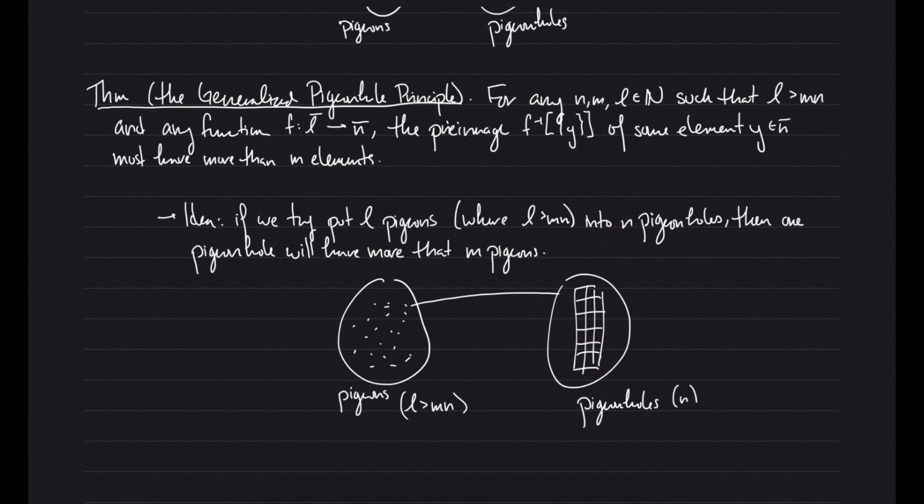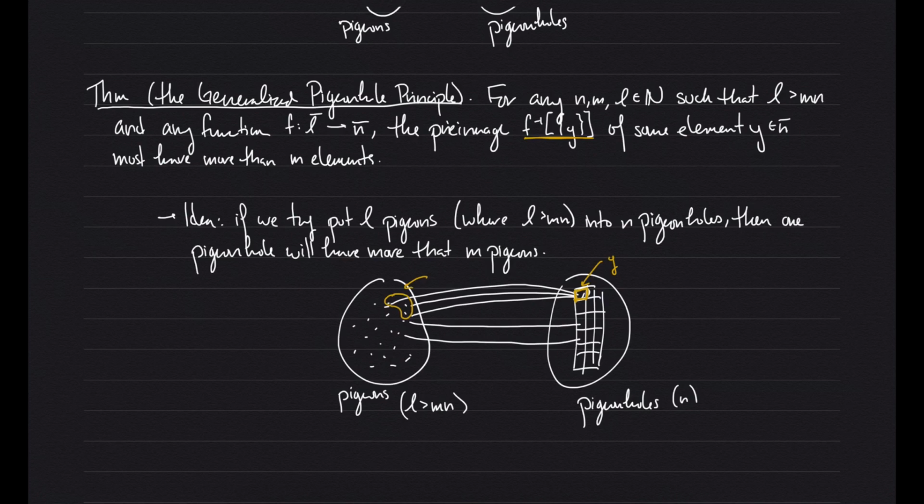And if we try to assign each pigeon to a hole, then there's going to be one hole, say this one hole, that has more than m pigeons assigned to it. And the reason why this mathematical statement is talking about the pre-image is because if we're looking at this hole, then this hole is going to be our y. And the pre-image are all the pigeons that are being sent to that y, right? So the pre-image here would consist of these 3 points.